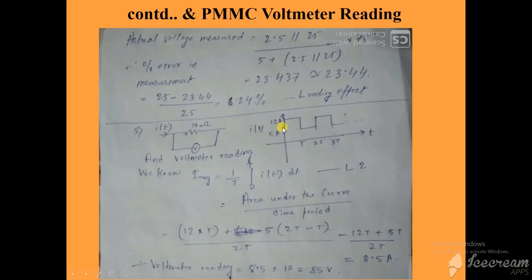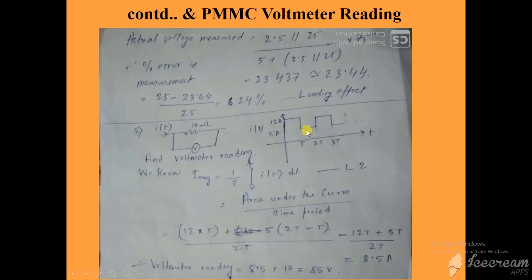So we need the area. What is this area? It is 12 into t, this 12 amp, the area with the t axis. Since we are dividing by T, with integration dt, we need the area with the t axis.